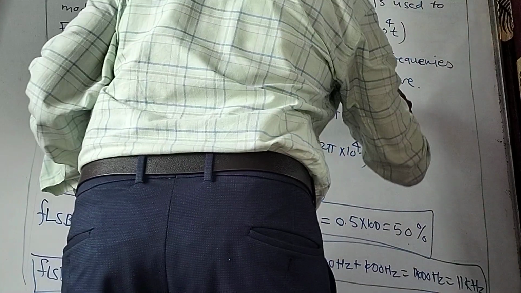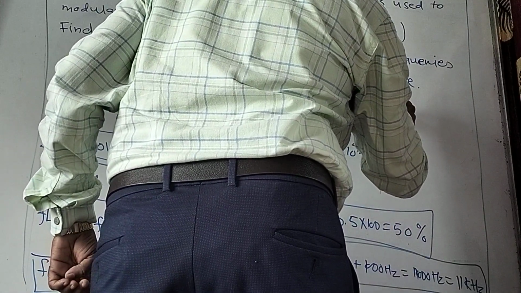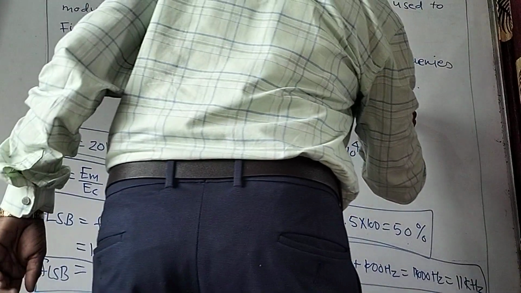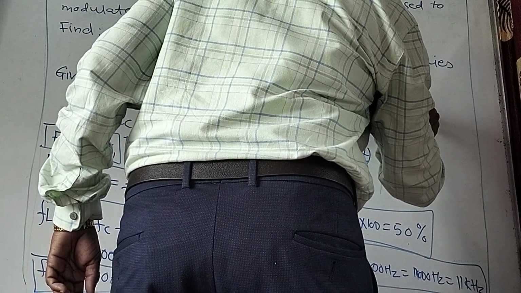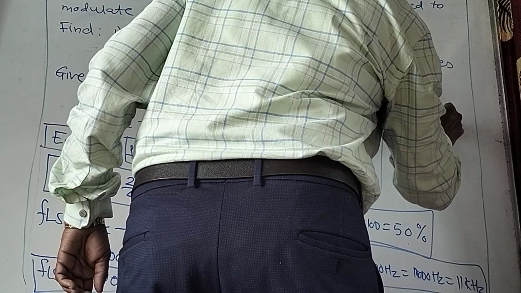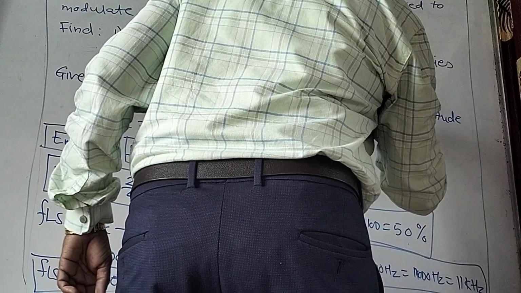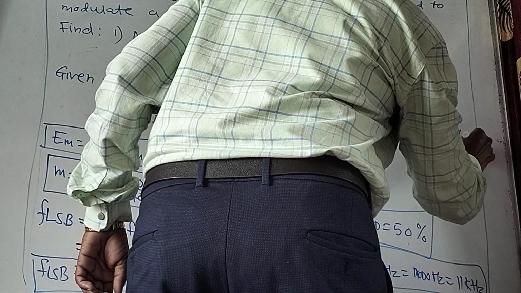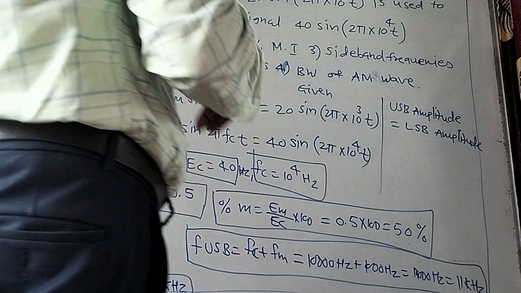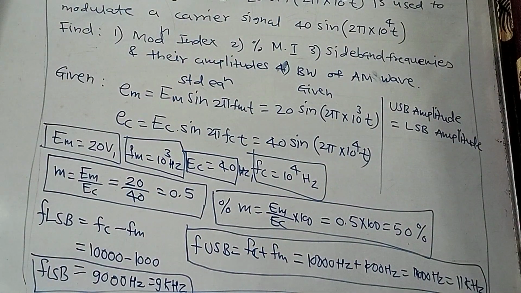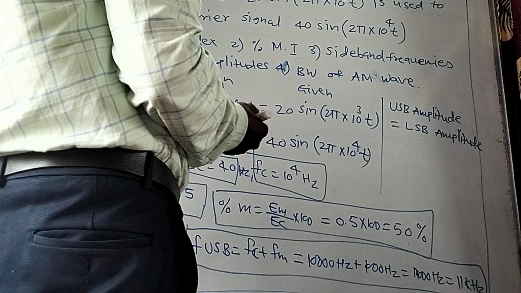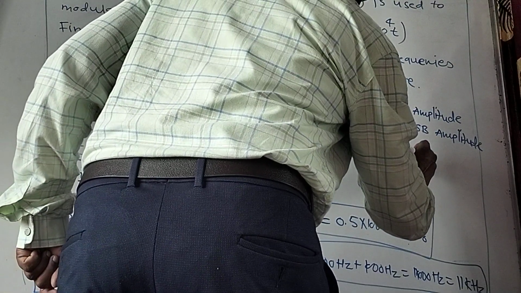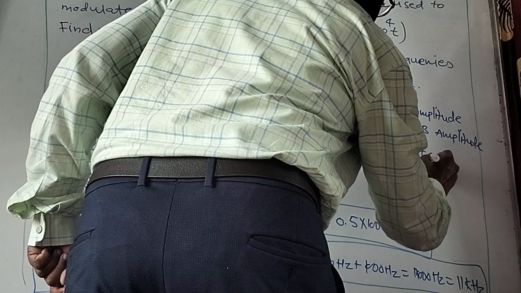So I will write here, the USB amplitude is equal to the LSB amplitude. What is the formula to find the amplitude? We know that the amplitude of sidebands is given by the equation m into EC by 2.